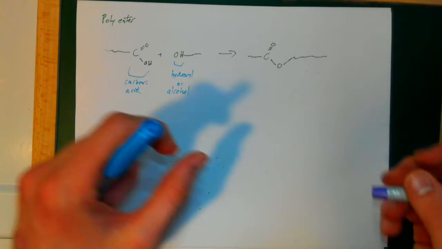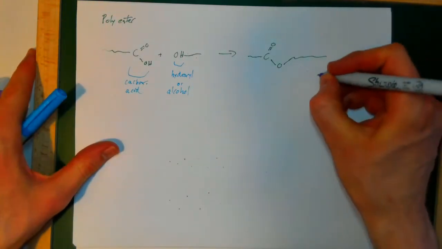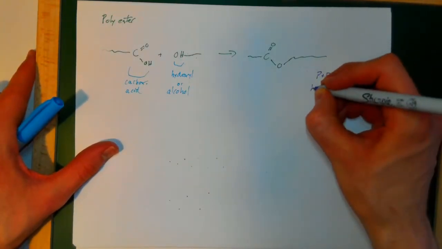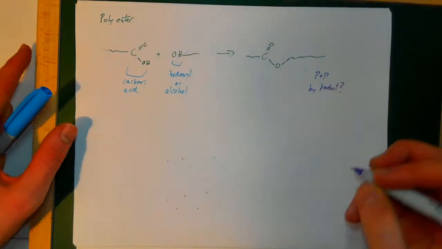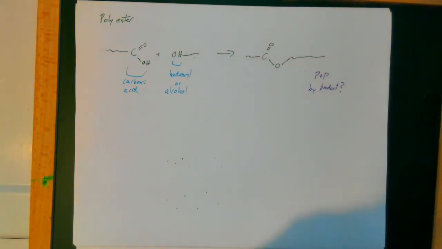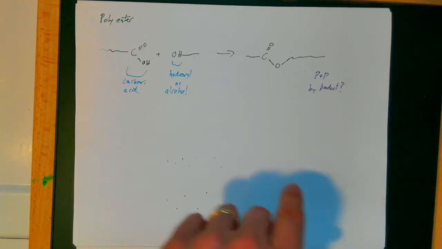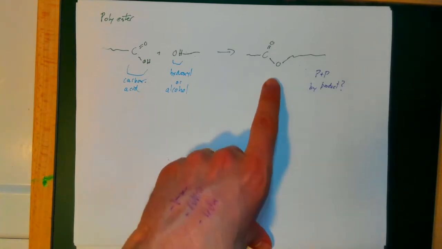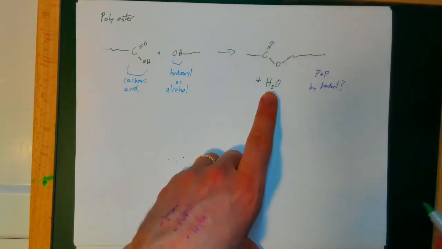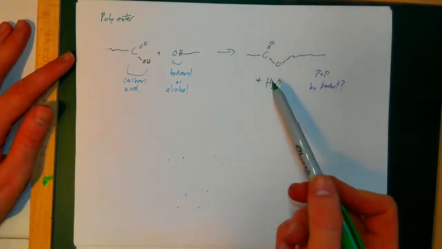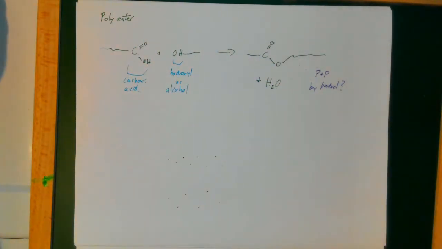So take a moment now, pause and ponder. What's the byproduct of this reaction? Well, if you tabulate your atoms, you'll realize that the byproduct for this reaction is also one H2O, and that's basically what forms.